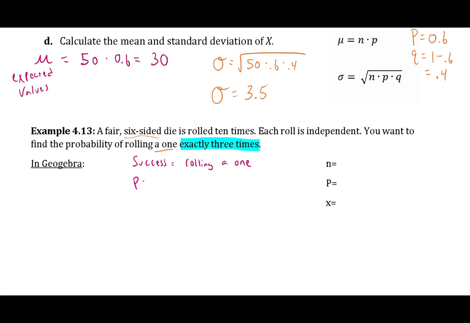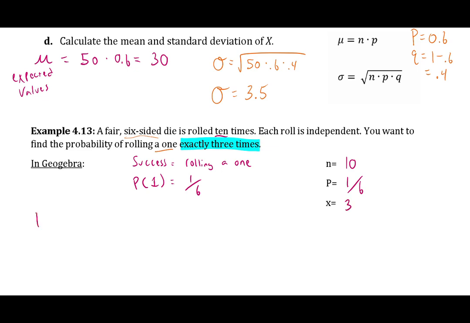The probability of success, the probability of rolling a 1, is going to be 1 out of 6. Our number of trials here is 10, because we have 10 rolls. P we just defined as 1 over 6, and X is exactly 3.